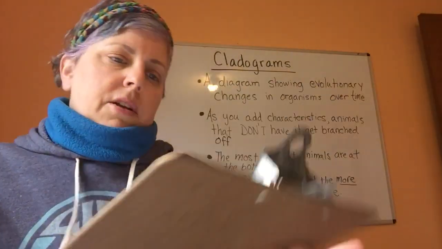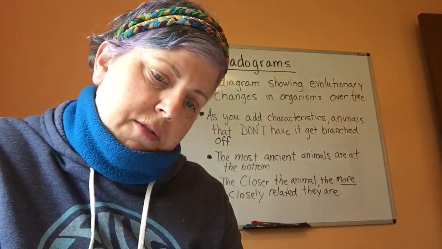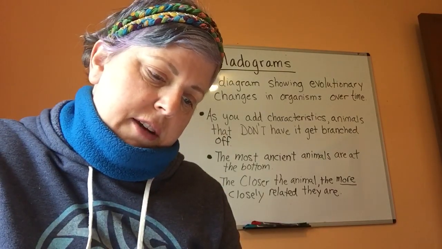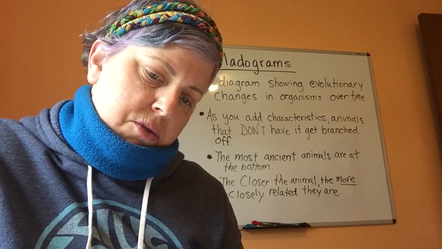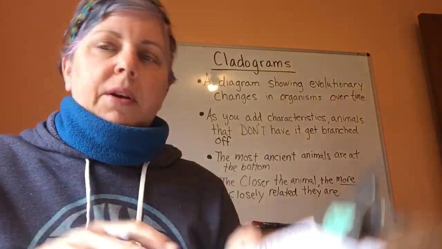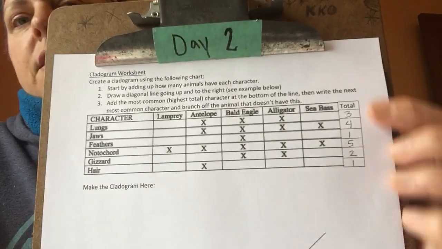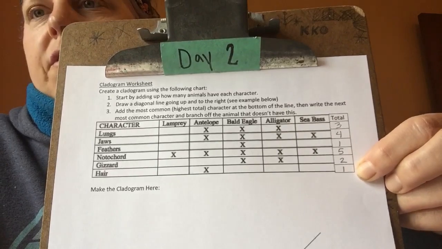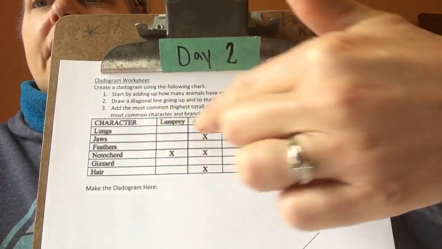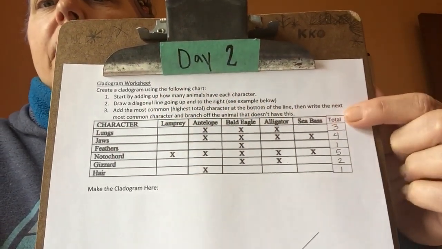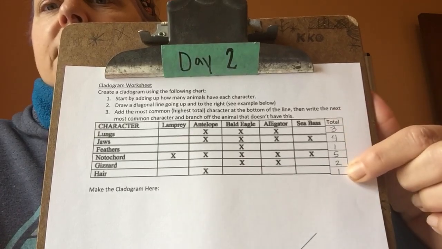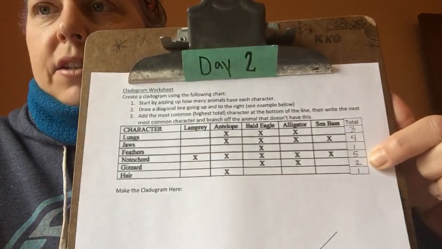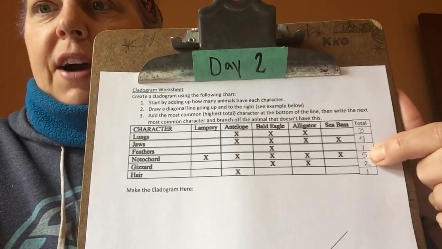For jaws, there's 4 of them. Feathers, there's 1. Notochord, there's 5. Gizzard, there's 2. And hair, there's 1. Doing this helps you figure out what characteristic all of the animals have. We have 5 animals that we're trying to put on our cladogram, and one of the characteristics they all share in common is the one that has the highest number, which is 5.